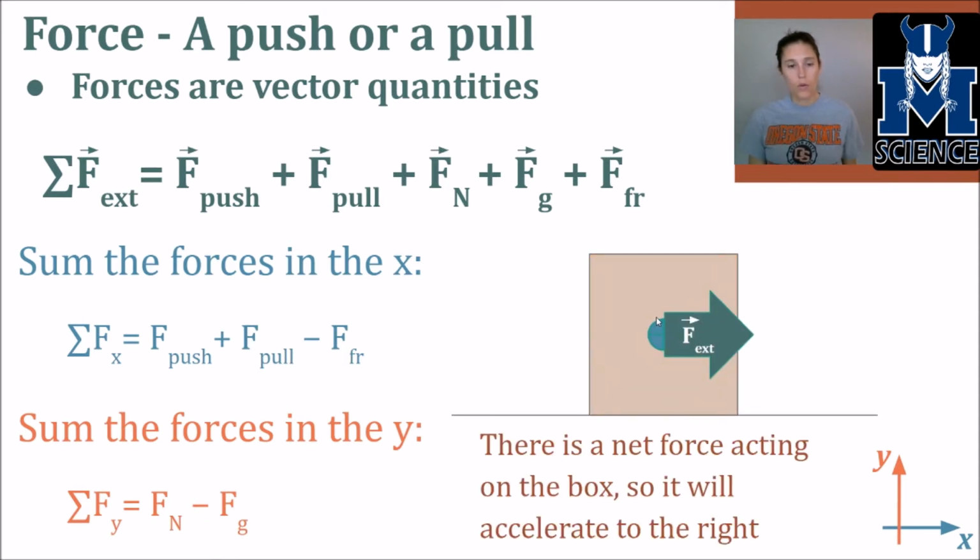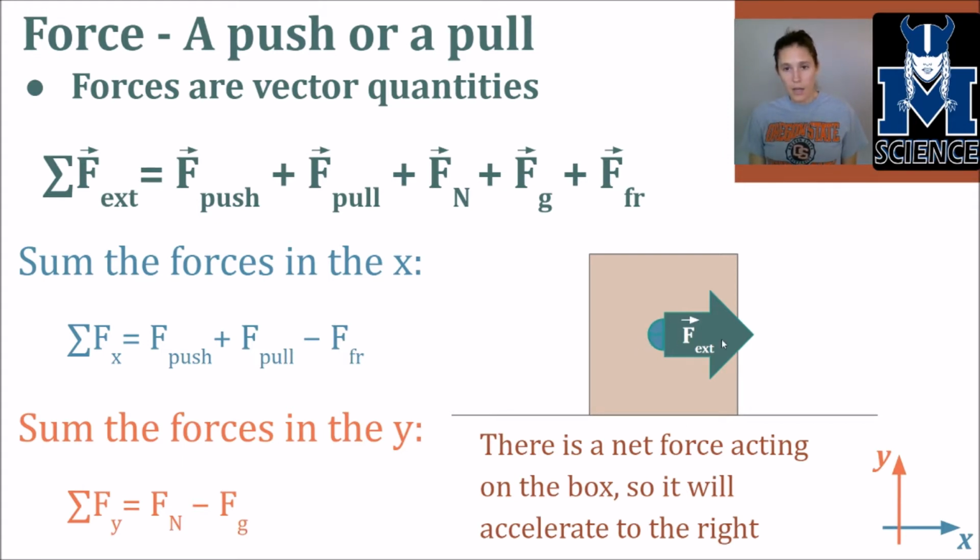The normal force and force of gravity cancel each other out, because when the surface contact is the surface of the Earth and it's not an incline, just a horizontal surface, then your normal force and gravity force are going to be equal and opposite of each other. Those cancel out, and we're left with just a net external force acting to the right. That is the force that's going to cause this box to move.